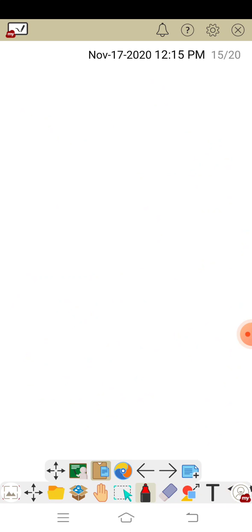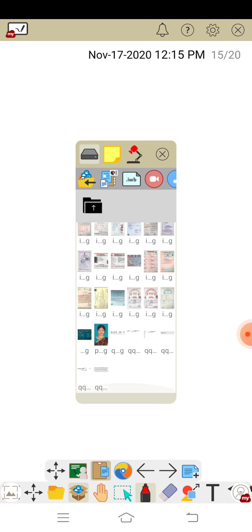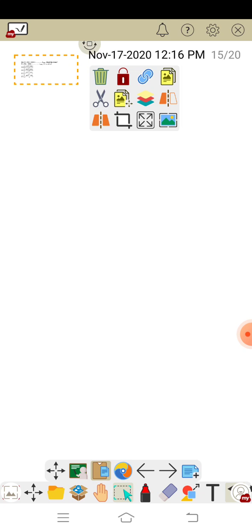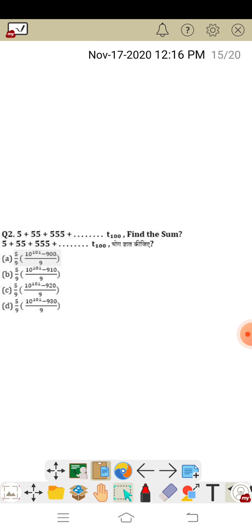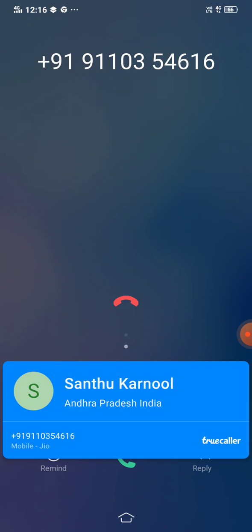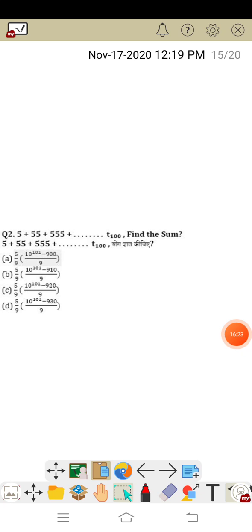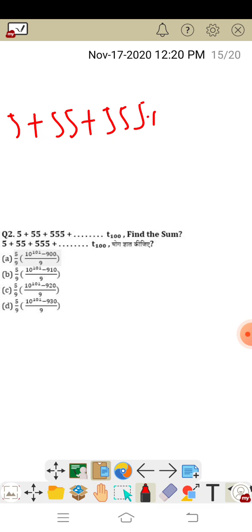Then see the next question. The next question is given that 5 plus 5 plus 5 plus and so on.